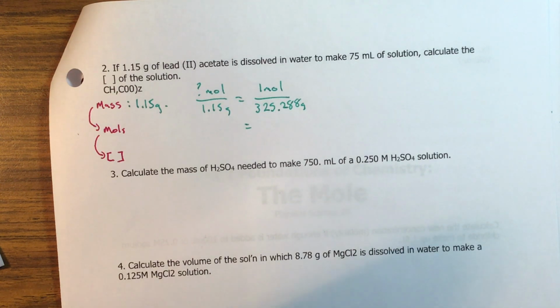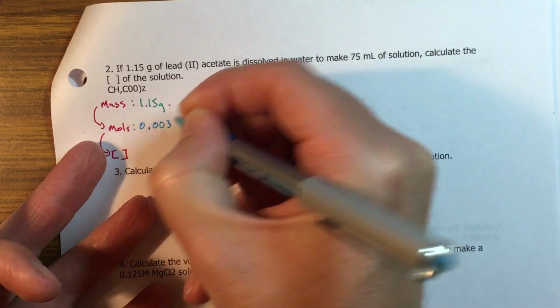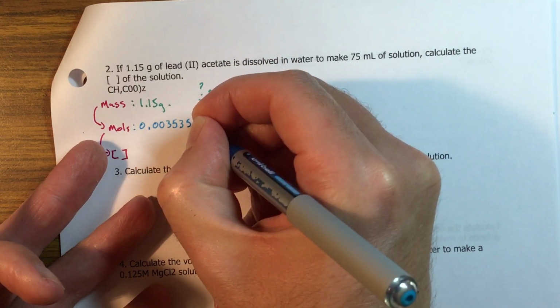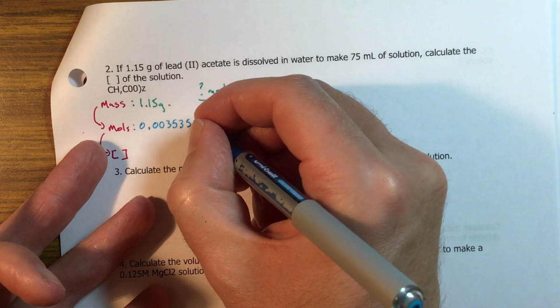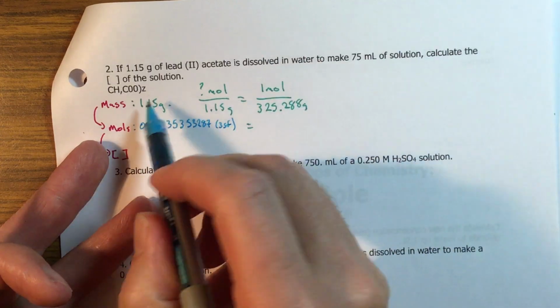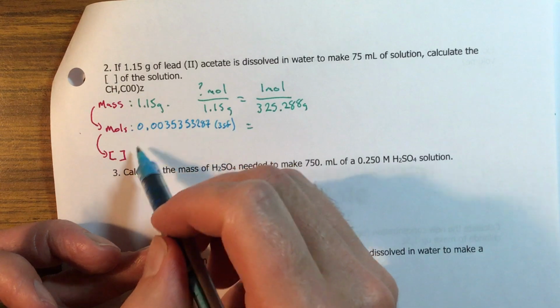So 1.15 divided by that number is equal to 0.0035353287. And this should have three significant figures, right? This guy has three significant figures. This guy should have three significant figures. But it's an intermediate step, so I keep it the same.